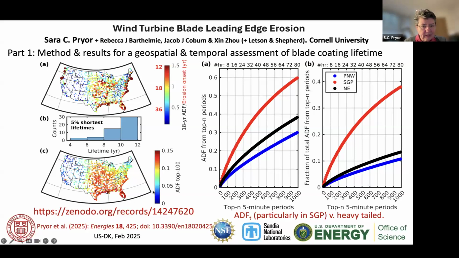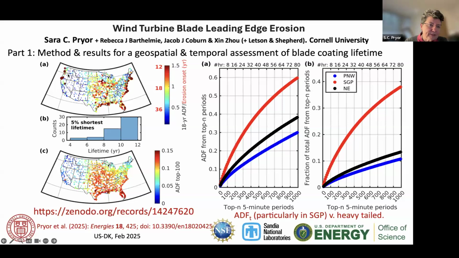On the bottom here, what I show is the accumulated distance to failure from the top 100 most erosive 5-minute periods. So this is us trying to say, how heavy-tailed is this accumulated distance to failure time series? How focused on a few specific time periods?